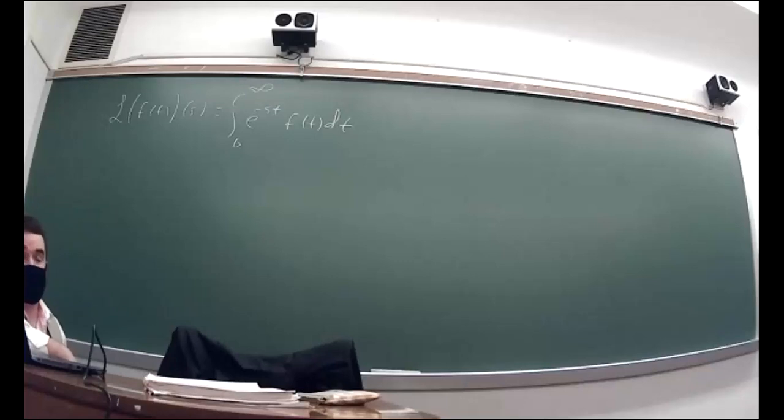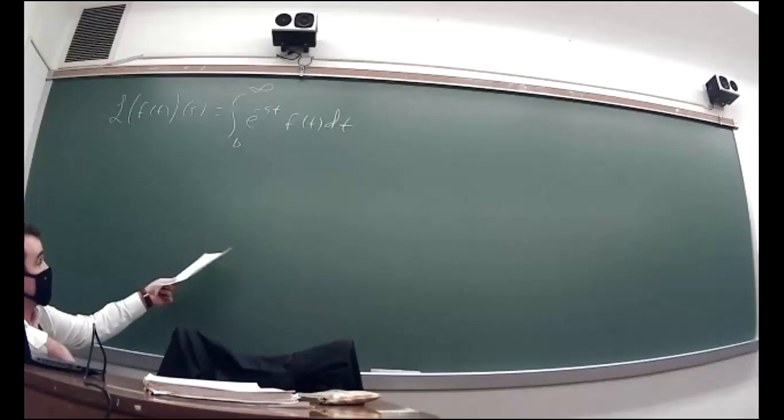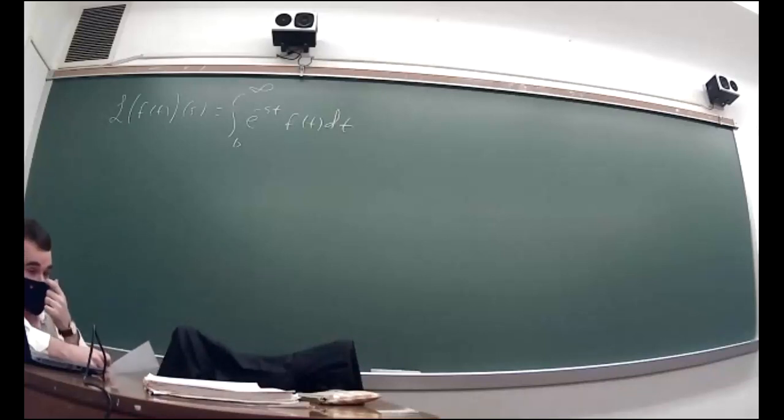This should remind you of the formula for the Fourier coefficient. Instead of multiplying by sine of something, it's e to the minus something, but in complex form, e to the i theta is cosine theta plus i sine theta. So there's a similarity there. That's the Laplace transform.